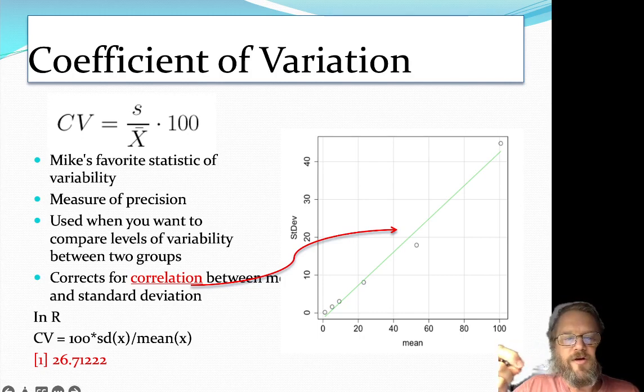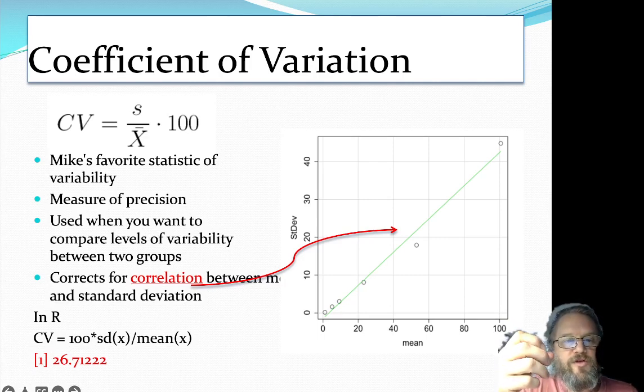In particular, it's important that you don't try to compare standard deviations by themselves, because it turns out the standard deviation is a biased estimate in the sense that it's correlated with the sample mean. So the larger the sample mean, the greater the standard deviation will be.